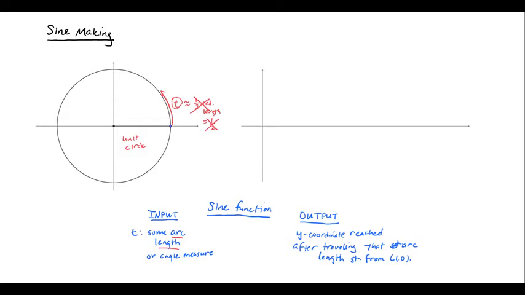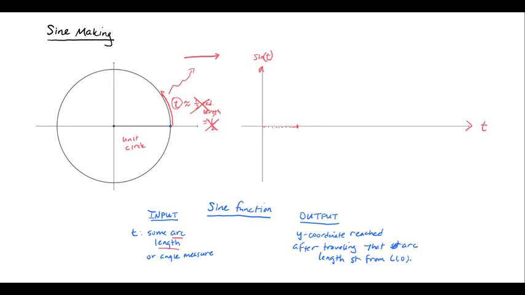So I could take this arc length and imagine straightening it out and putting it on this axis, which is going to be my t-axis, and then this is going to be the sine of t axis. I'm taking that arc length right here, straightening it out, and transplanting it over to this axis. Let's put it right here. I hope that's about the same.